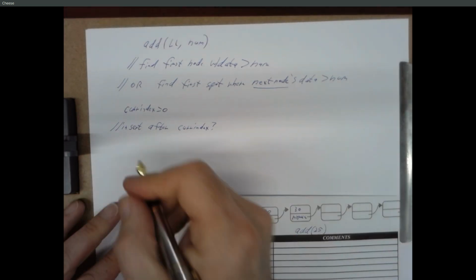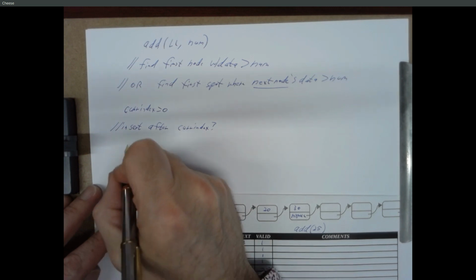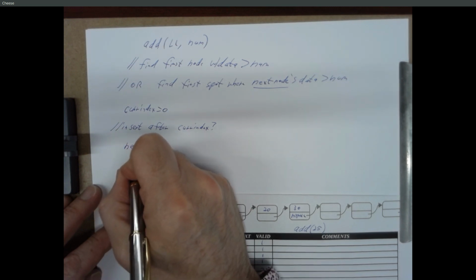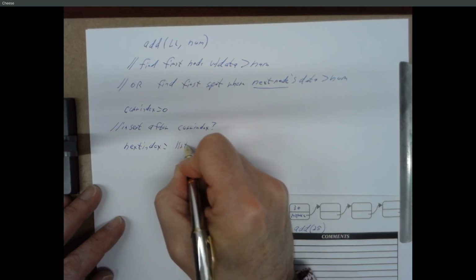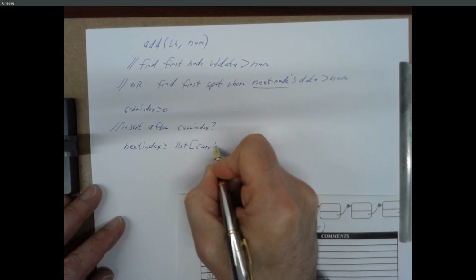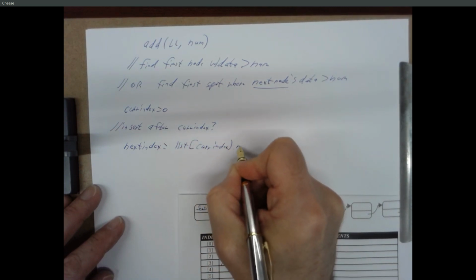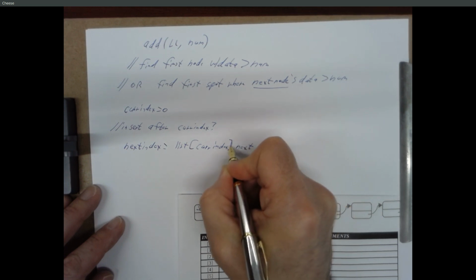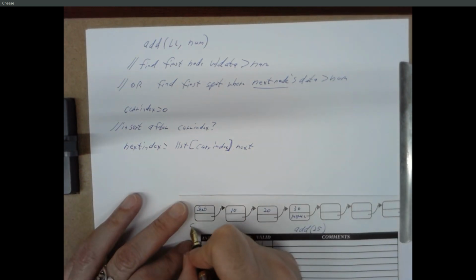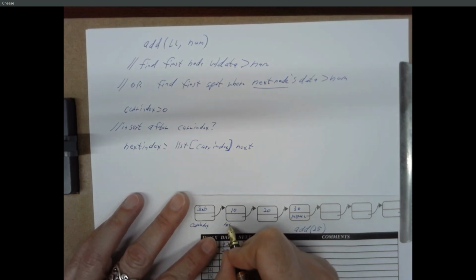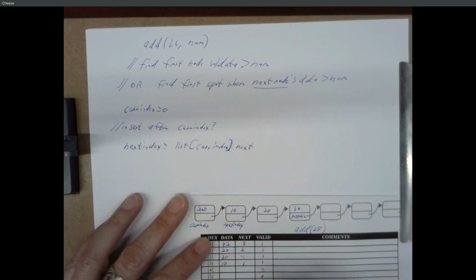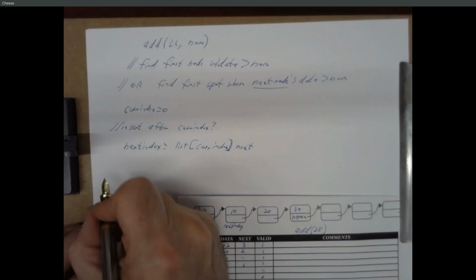Well, the way we would know that is next index equals list bracket current index dot next. So if this is current index, next index is the index of the following node.